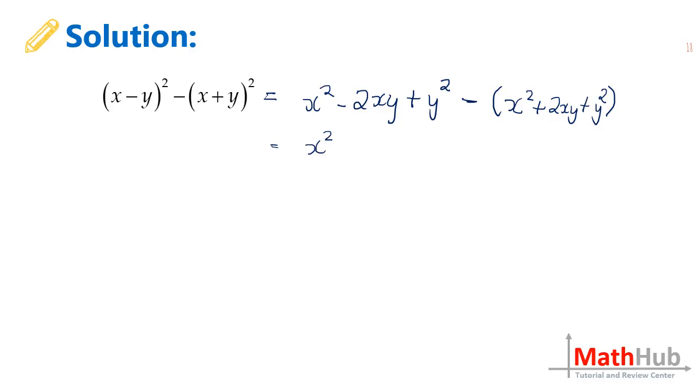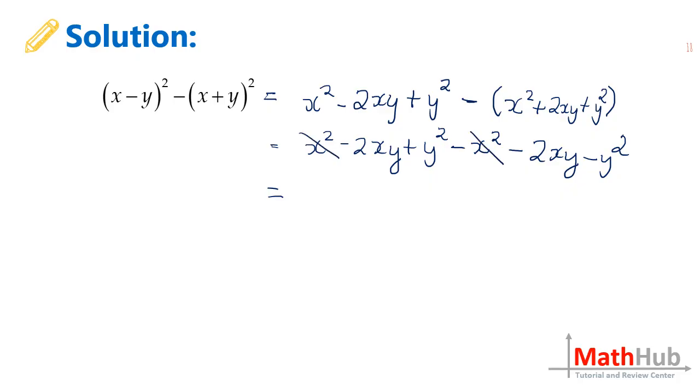So let's now simplify. Let's take out the parentheses by distributing the negative sign. So we have negative x squared minus 2xy minus y squared. x squared and negative x squared get cancelled out.